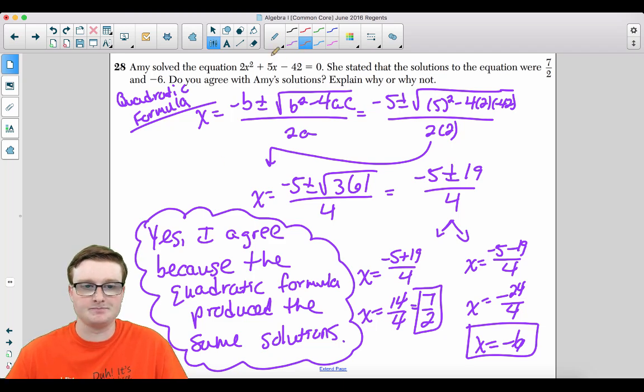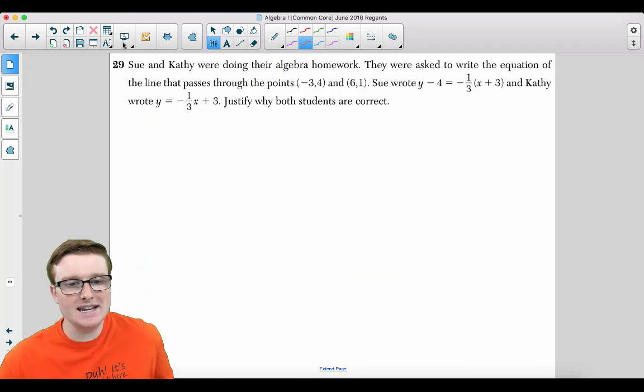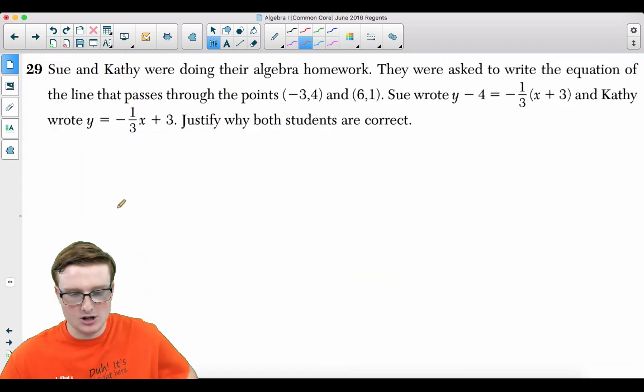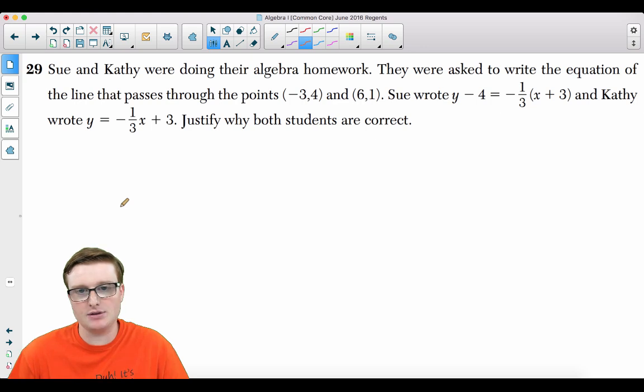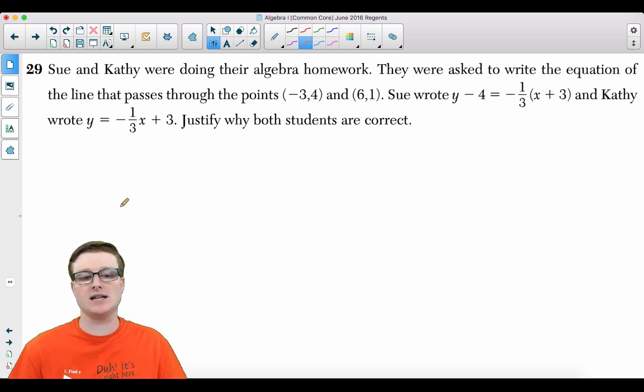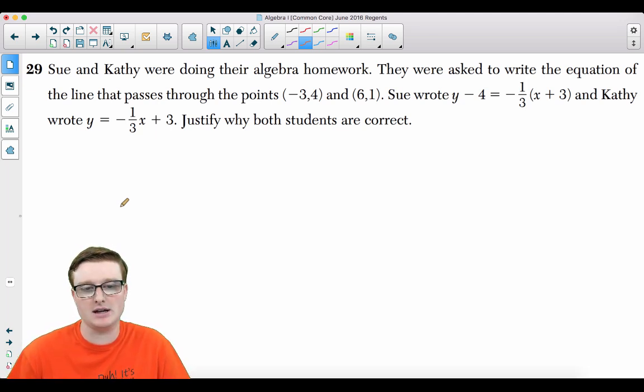Okay, moving on. 29. Sue and Kathy were doing their algebra homework. They were asked to write the equation of the line that passes through the points negative 3, 4, and 6, 1. Sue wrote y minus 4 equals negative 1/3 times x plus 3, and Kathy wrote y equals negative 1/3 x plus 3.